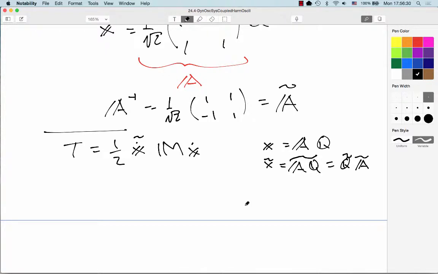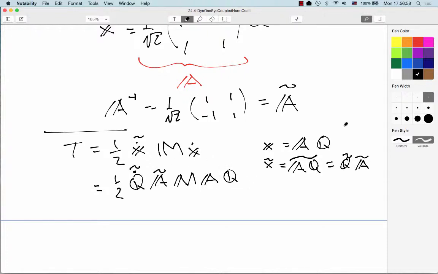All right, so putting that in, we can write this as 1/2 q dot twiddle, A twiddle, I still get my M, and then from here I'm going to have an A q dot. All right, that all looks good.